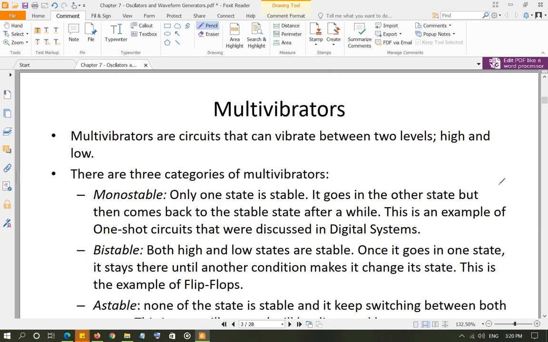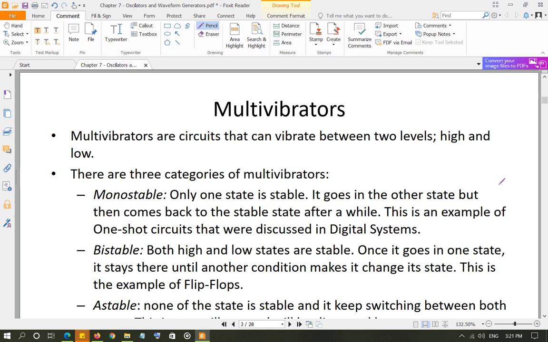Oscillators in technical terms are called multivibrators. That is, they can vibrate between multiple levels. You have discussed multivibrators in digital systems. For example, flip-flops are multivibrators. They can produce either a 1 or a 0 based on the status of their clock. The clock can have a positive-going or negative-going transition, and they activate at either transition based on what type of flip-flop you're using.